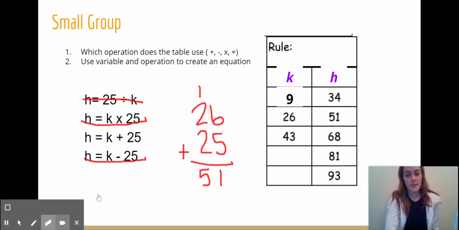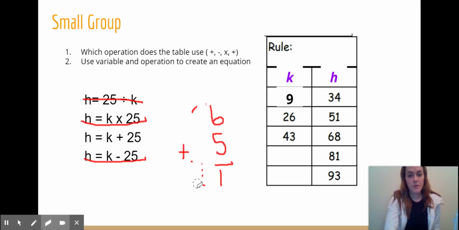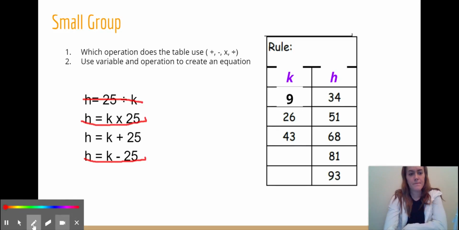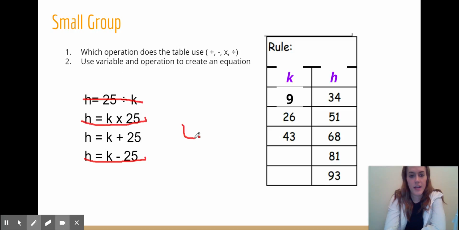Okay, we also need to complete this table, so I'm just going to keep going down the line, double checking. The next one is 43 plus 68. I'm going to plug in 43. Sorry, not 43 plus 68, 43 plus 25.